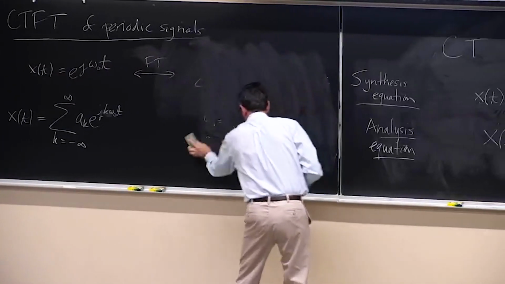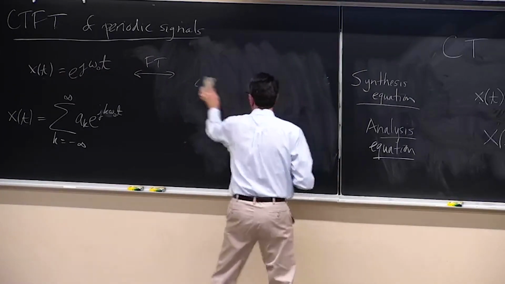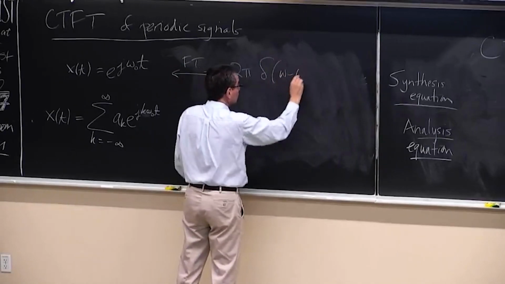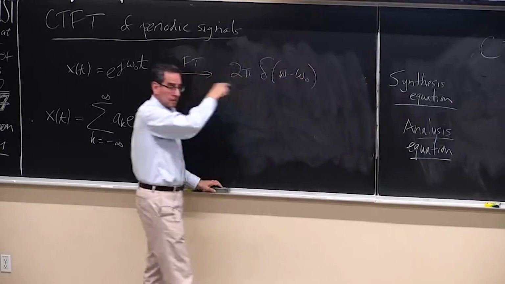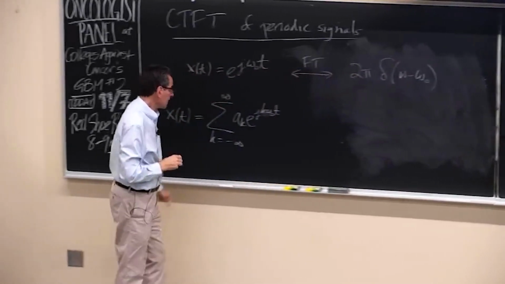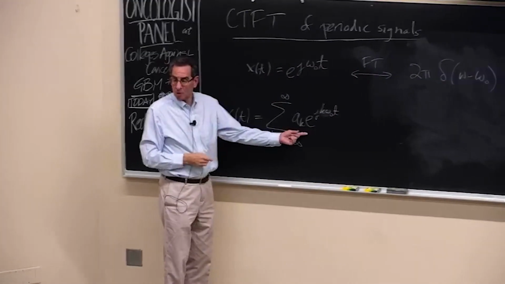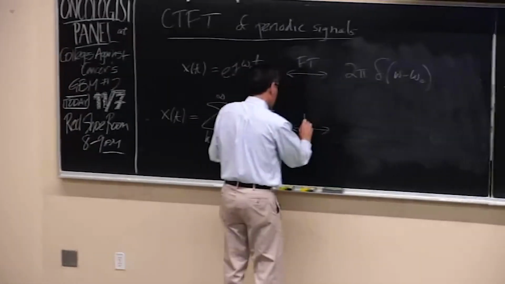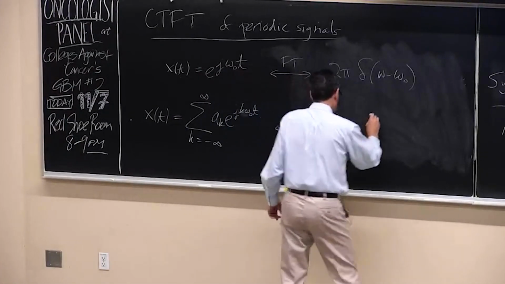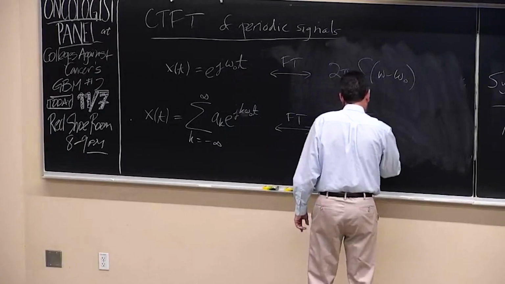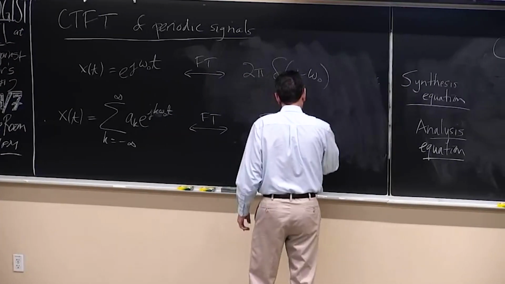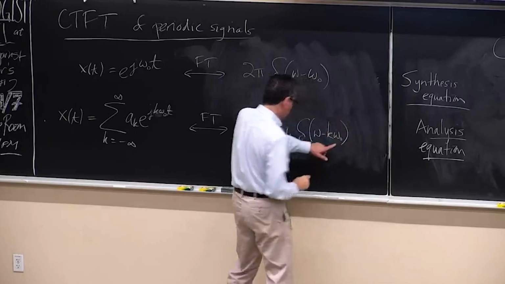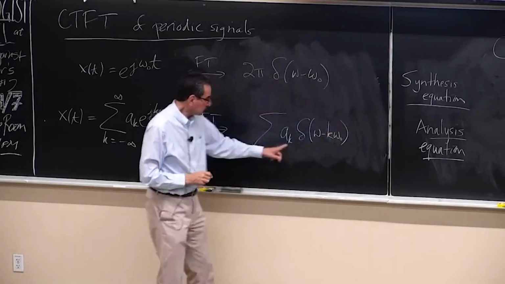My Fourier transform has become 2 pi times an impulse, which is concentrated right at that frequency omega naught. And now I just say, well, the same thing's going to hold for all of these exponentials. Each one of those is going to go to an impulse concentrated at the appropriate harmonic.